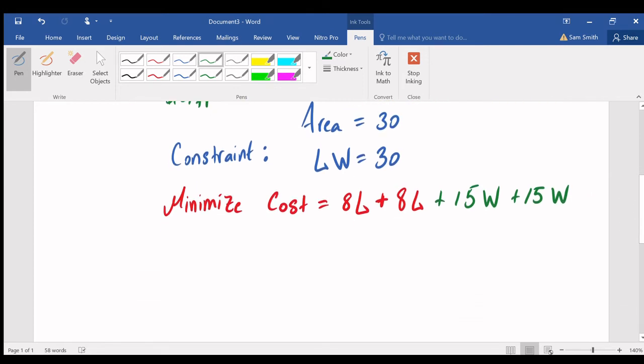So in total, the cost would be 16L plus 30W. And our goal is to minimize that.